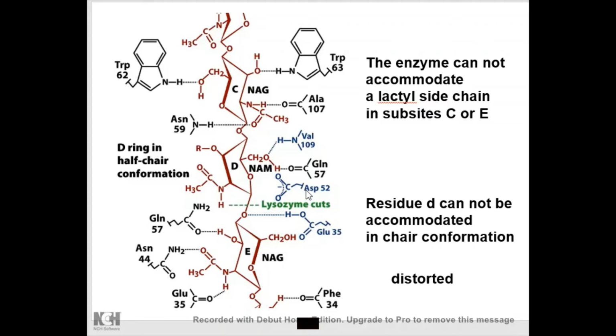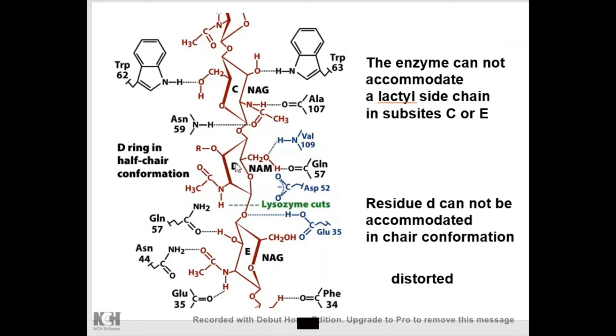The other two things that I would like to mention: first, the deviation from chair conformation in residue D. This ring is not in chair conformation as it's supposed to be, as rings C and E are. It's in half-chair conformation, meaning that these three atoms, oxygen, carbon number 1 and carbon number 2, make a plane, in the same plane with carbon number 5 and 3 right here.